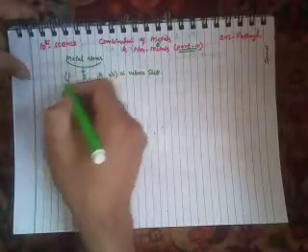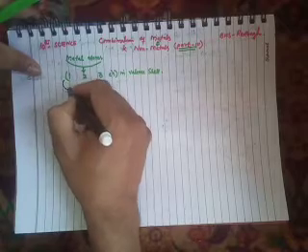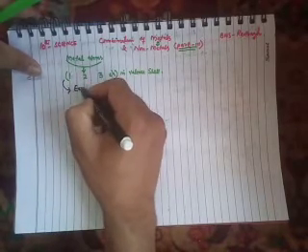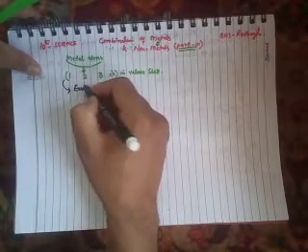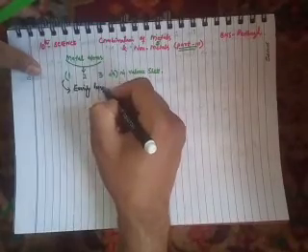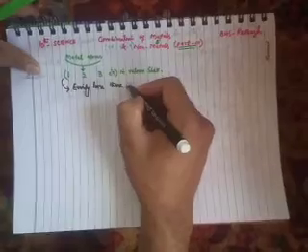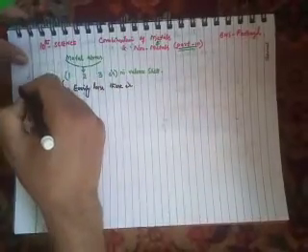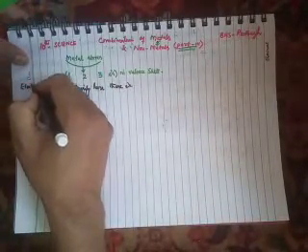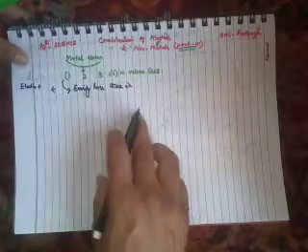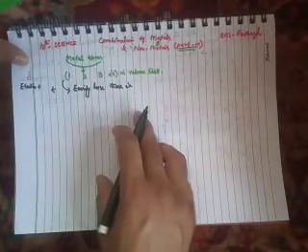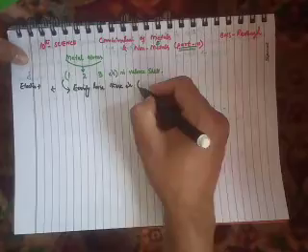So these metal atoms can easily lose these electrons because they are electropositive in nature. And why do they lose these electrons?